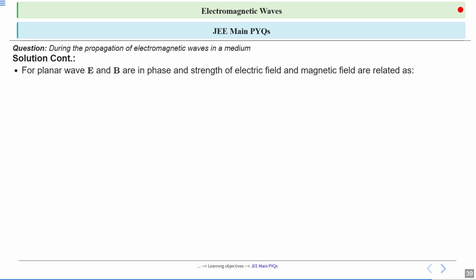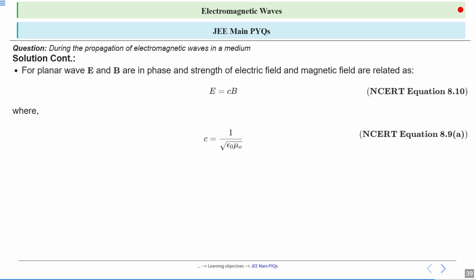So for a planar wave, E and B are in phase and the strength of electric field and magnetic field are related as E is equal to CB, according to NCERT equation 8.10, where C is equal to 1 upon root epsilon naught mu naught, according to NCERT equation 8.9a. Now put the value of C in the above equation.